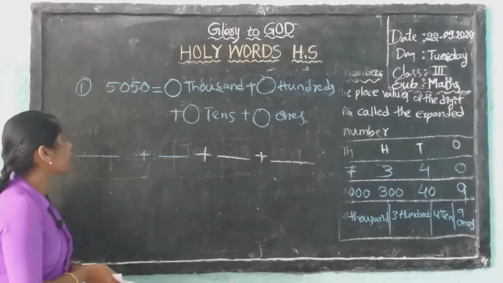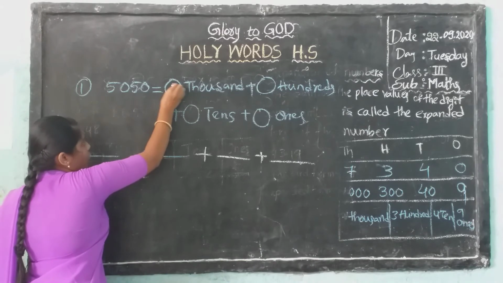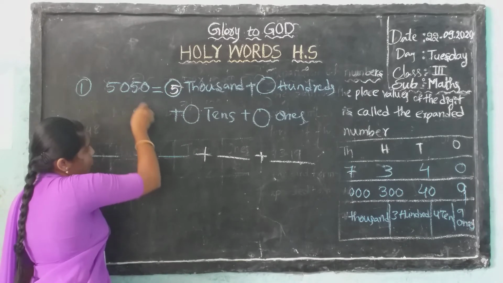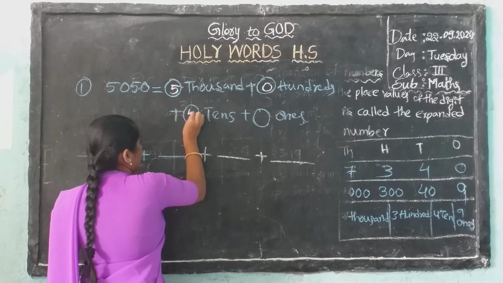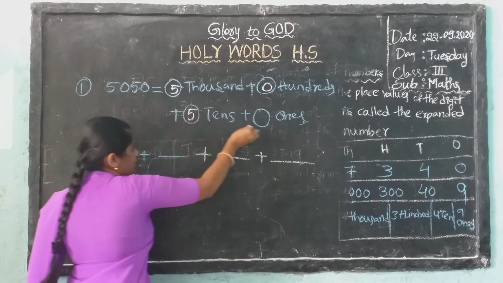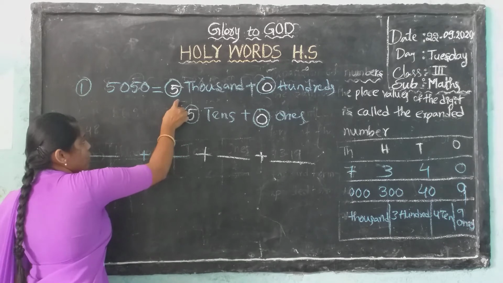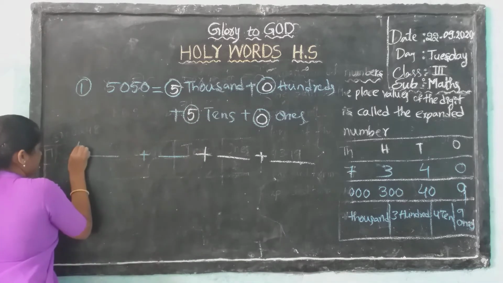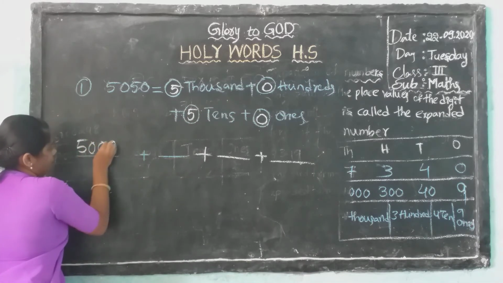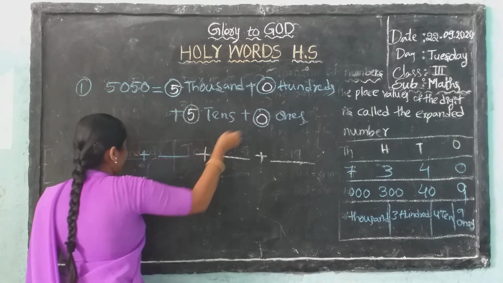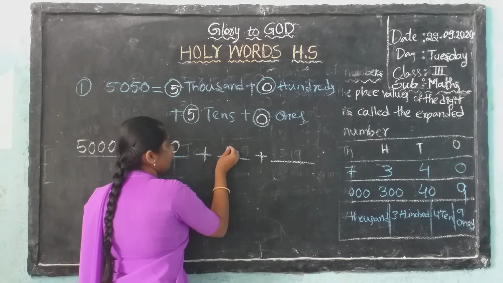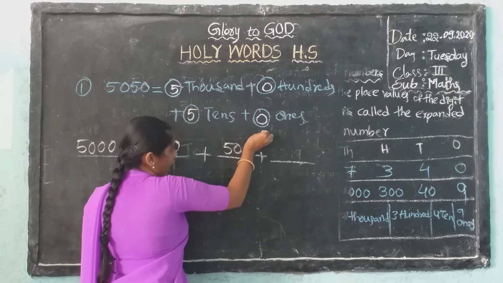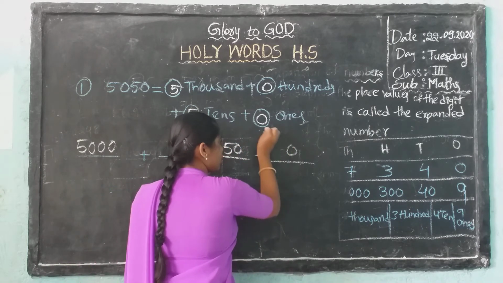Hundreds place is 0. Tens place is 5, so 5 into 10 is 50. And ones place is 0.